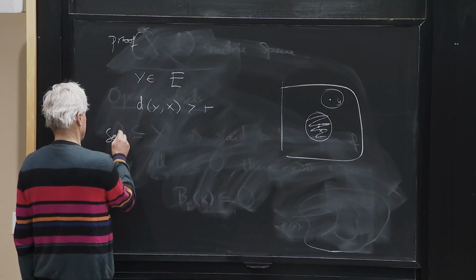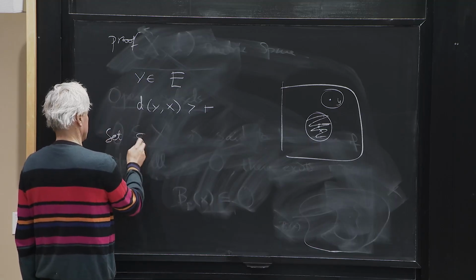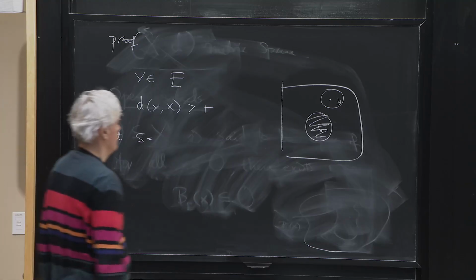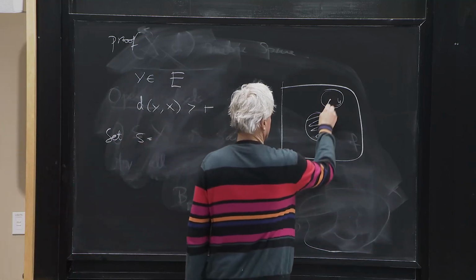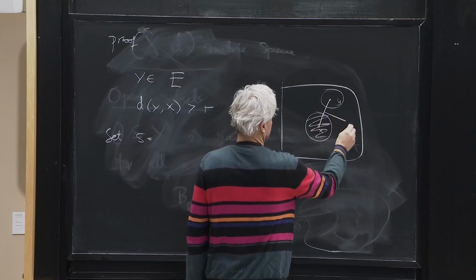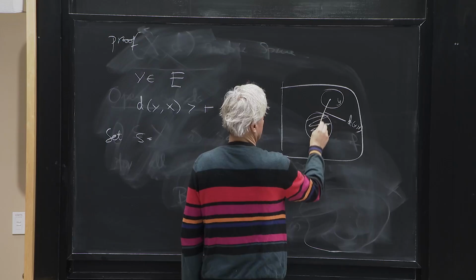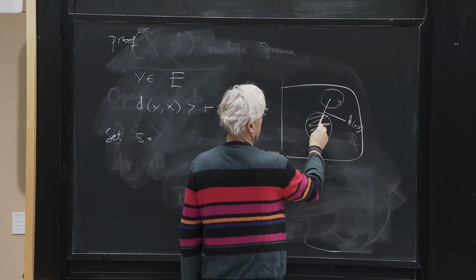Almost the same, not exactly the same, but we set s equal to, right, so the idea is that you're looking at this distance here. This distance is d(x,y). This part of it is r.